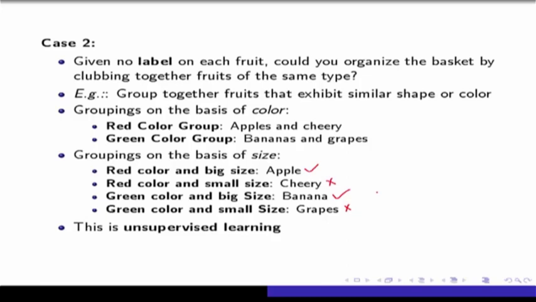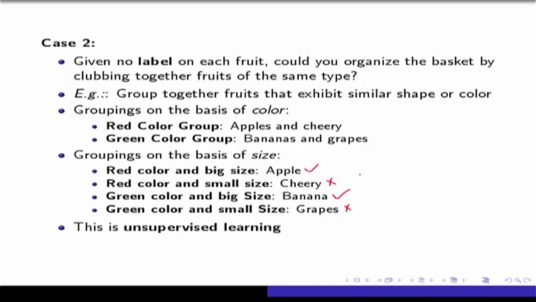Now, by taking a combination of these two attributes or observations, which is color and size, you can uniquely identify each of these four fruits. Of course, there are several other fruits which are green in color and small in size, and there are several other fruits which are also red in color and big in size.